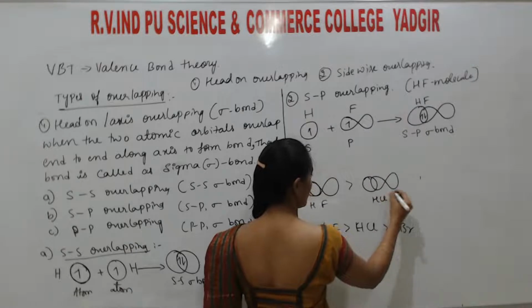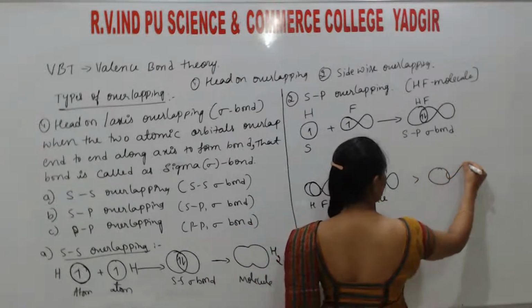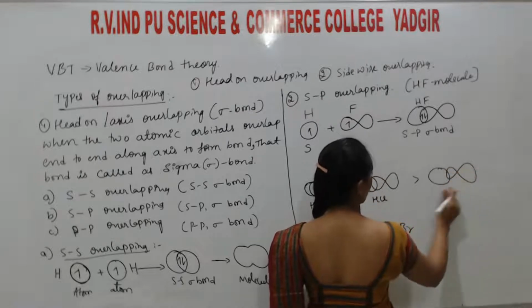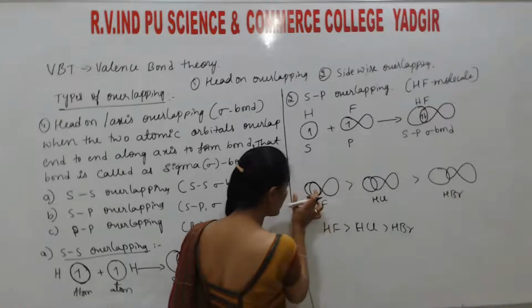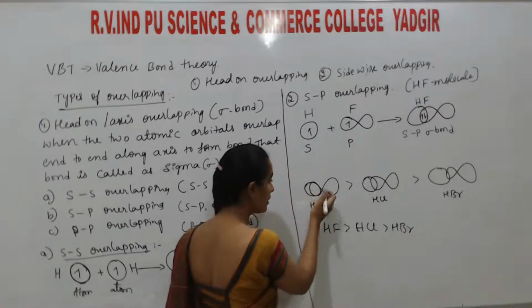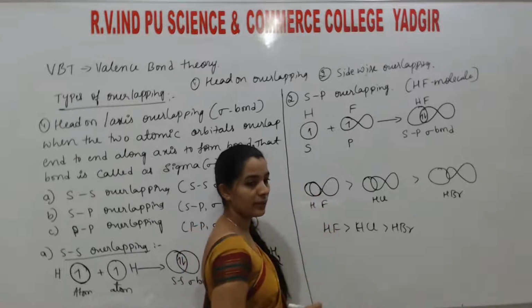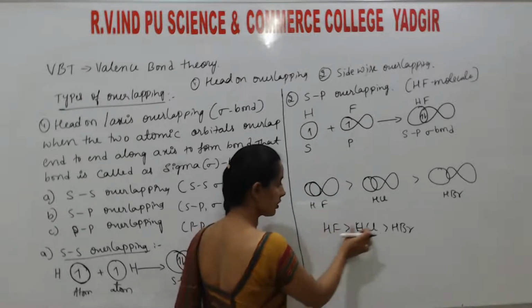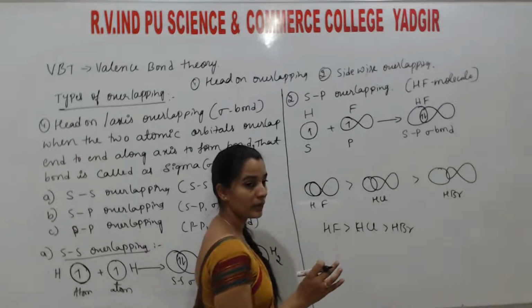If you consider HBr, this is S, only small overlapping. The greater the surface area covered in overlapping, the stronger the bond. So HF is stronger than HCl, stronger than HBr.